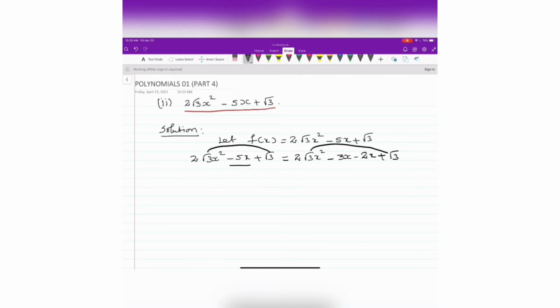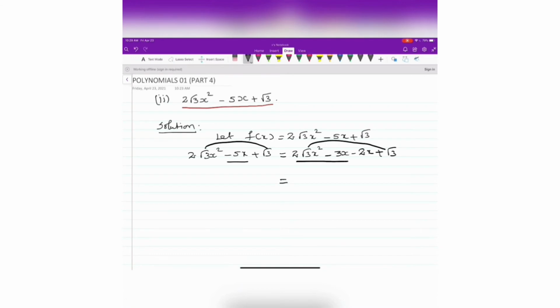See, 2 into root 3 into root 3. Root 3 into root 3 is 3. So 2 3s are 6. So 6x squared. That is what I am getting here. Minus 3x into minus 2x is going to be 6x squared. Now, when I combine the first two terms, I can take out root 3x.